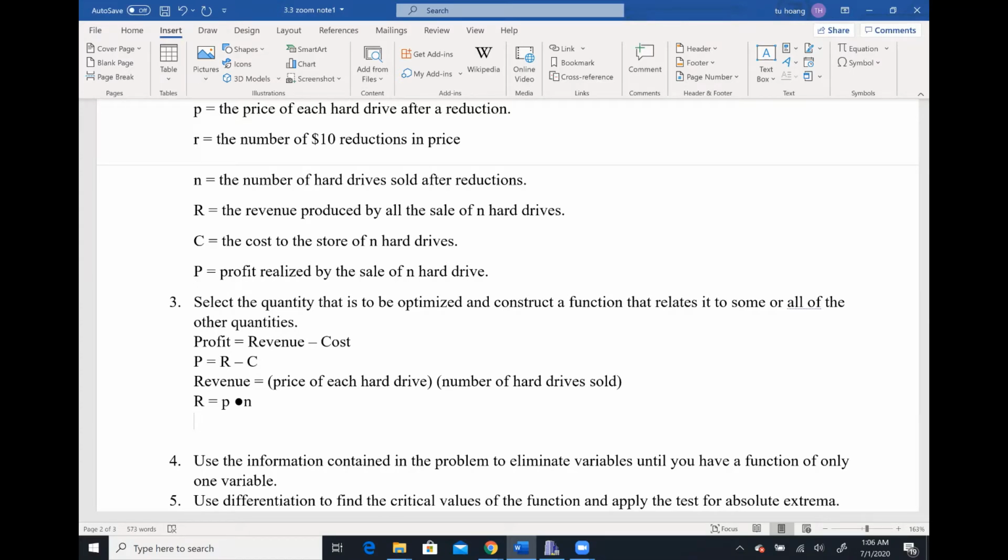And lastly, I need to consider a function of C, the cost.